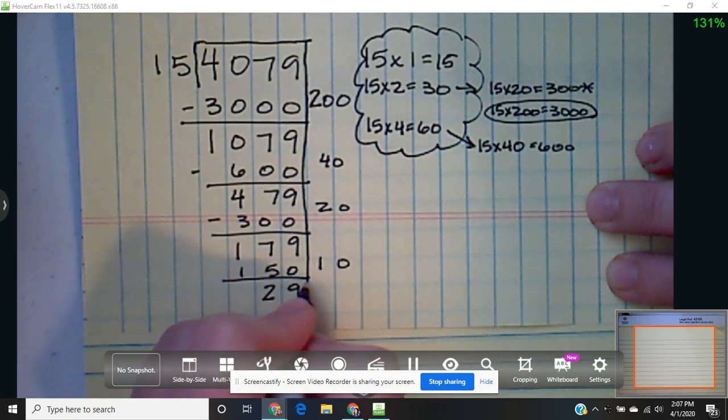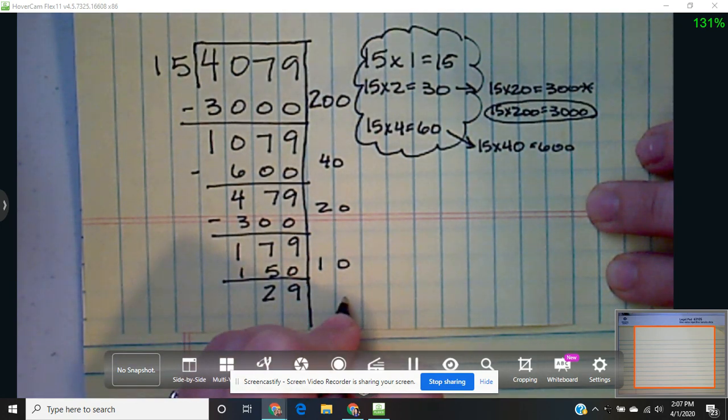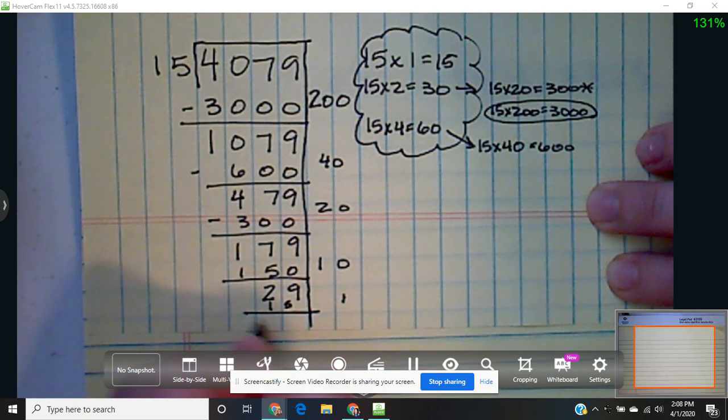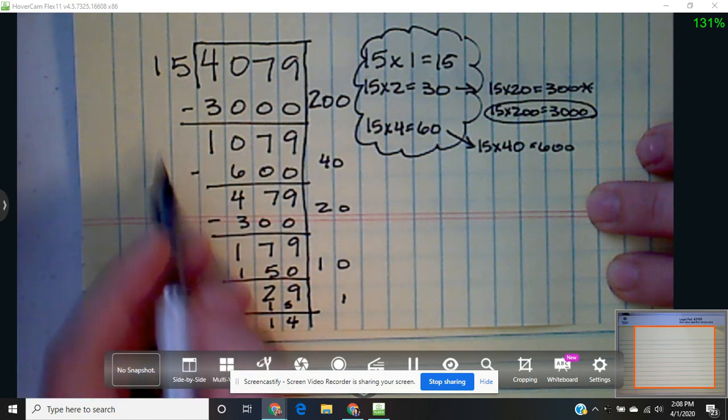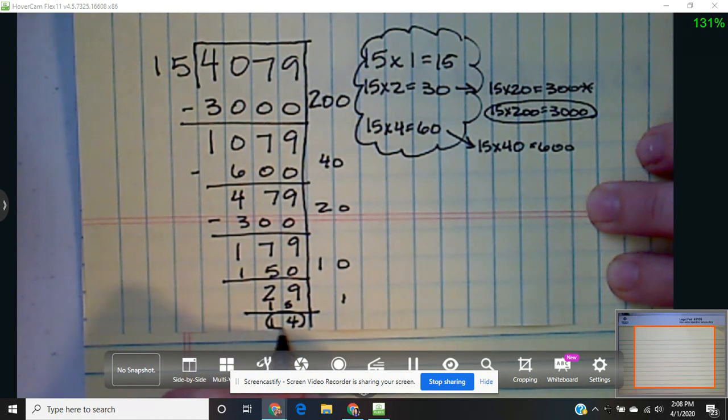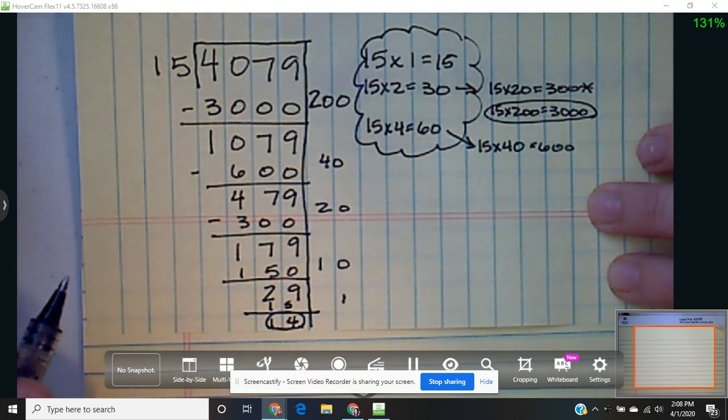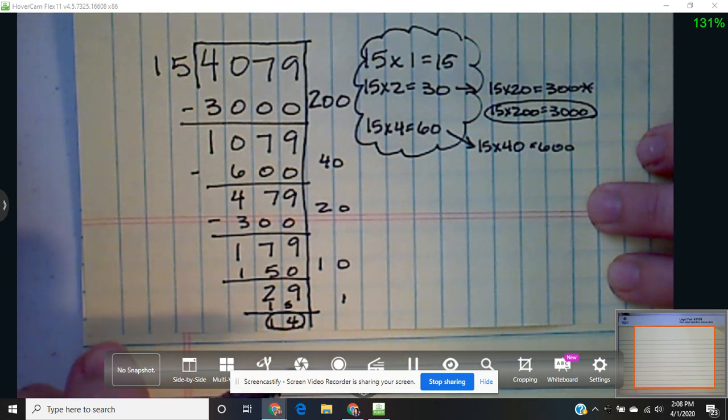Okay, I'm going to take one group of 15, and I see that I have 14 left over, which is less than my original 15, and so I stop. If you'll notice, my strategy is to always circle the remainder, so I circle when I know to stop.